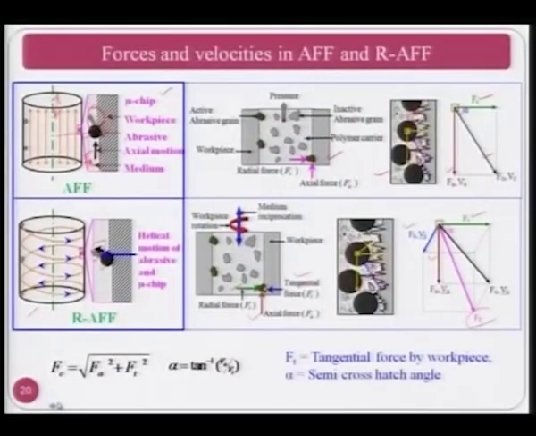Now here the cutting force shown is the resultant of Fa square plus Ft square, and Ft is the tangential force by the workpiece, and alpha is the semi cross hatch angle.